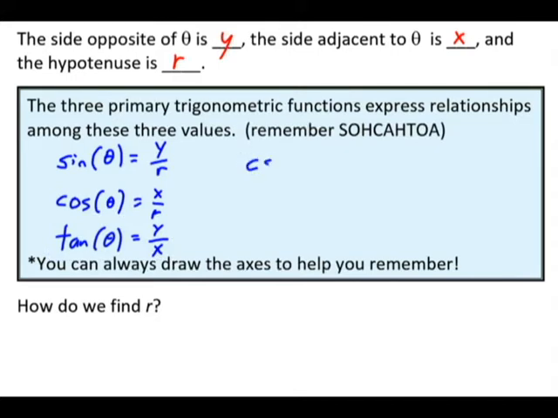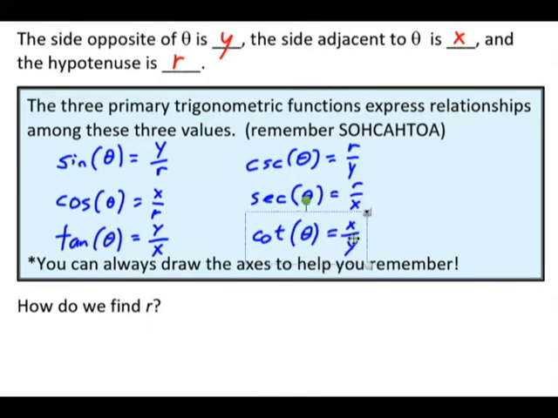We have cosecant of theta is going to be the reciprocal of sine, r over y. We just flip it. I don't necessarily expect you to learn the reciprocal function definitions because once you know the primary three trig functions, you can get them very easily.